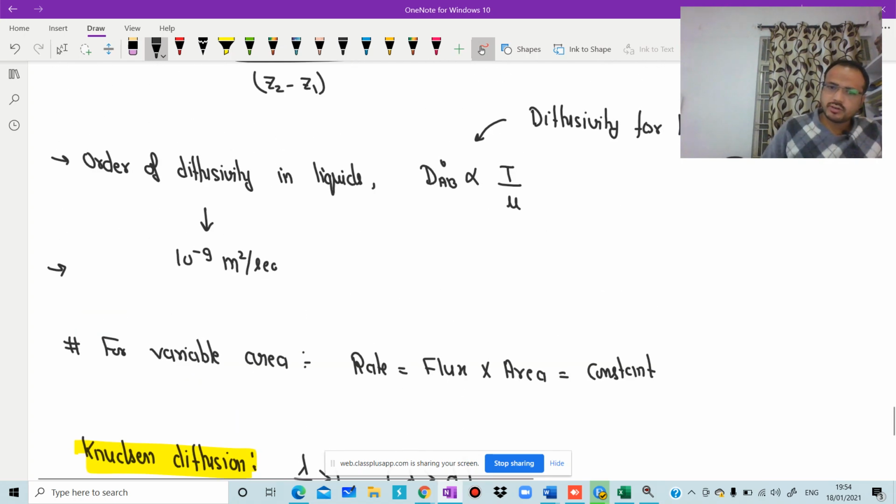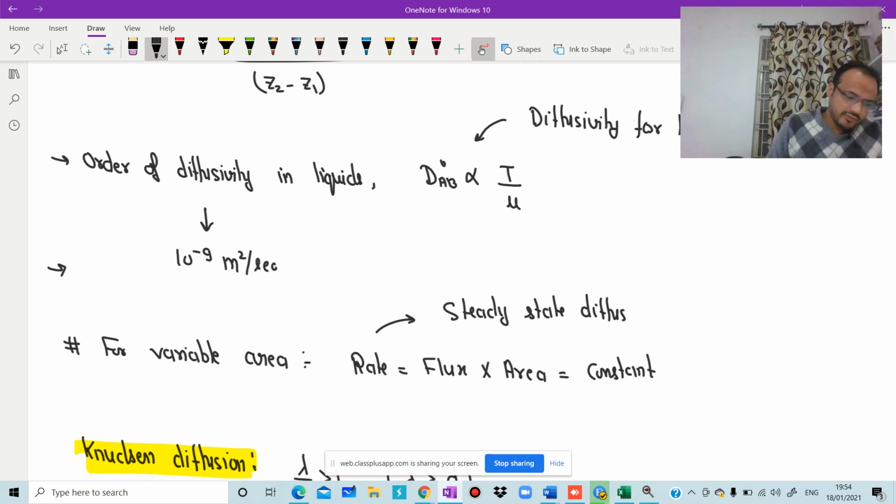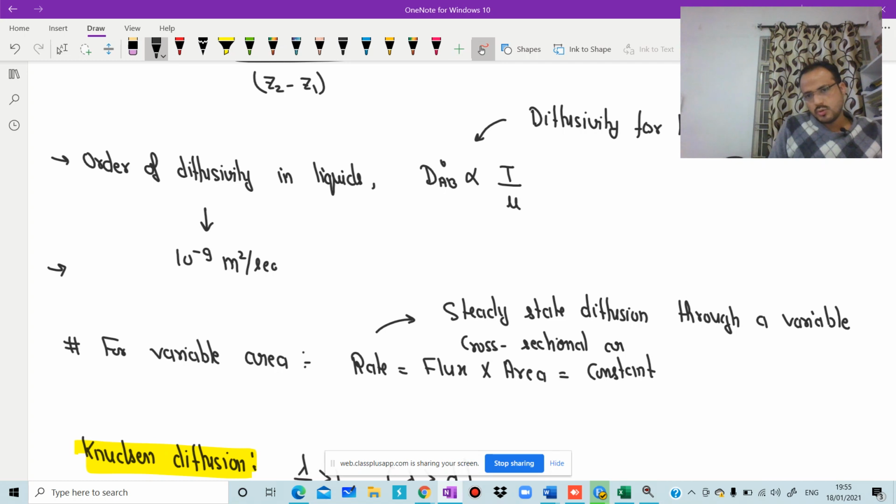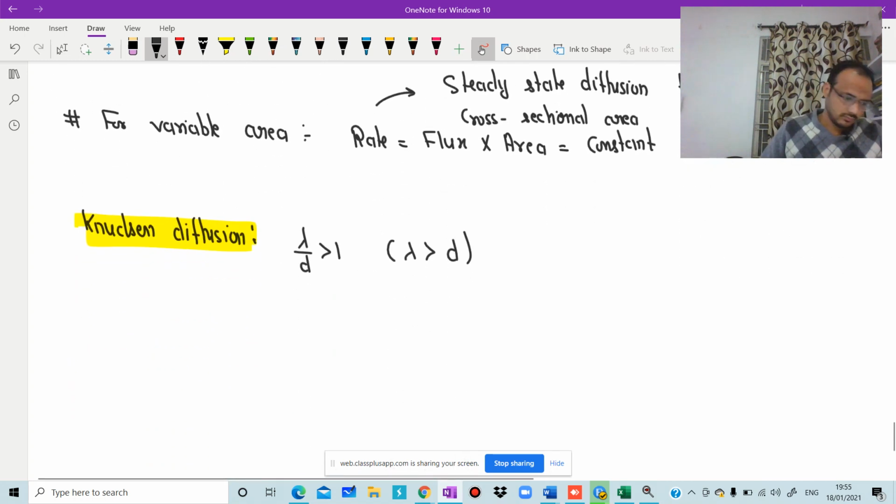And I have already told you, you can write one line here also: steady state diffusion through a variable cross sectional area. This part is also finished.